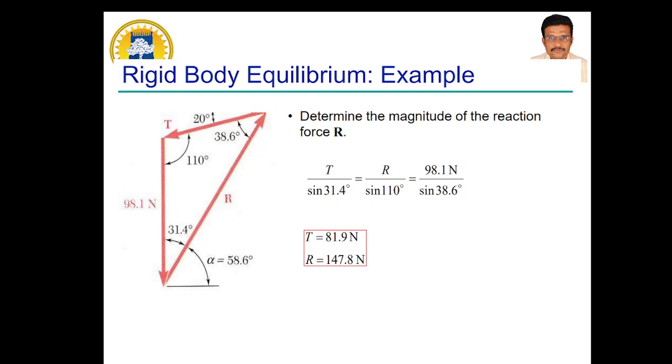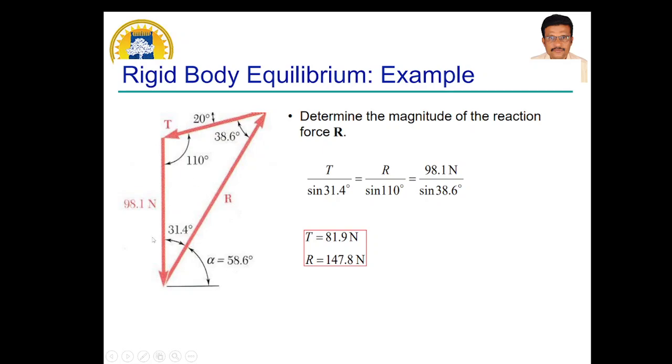Lami's theorem states that for coplanar concurrent forces, each force is directly proportional to the sine of the angle between the other two forces. Here I am taking the first force as tension, T, divided by the sine of the angle between the other two forces, which is 98.1 and R, and that angle is 31.4.